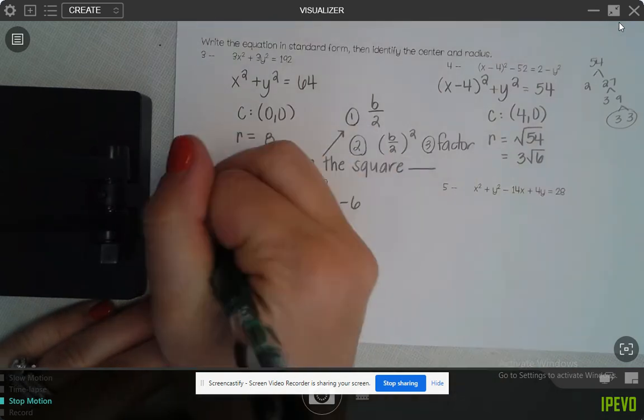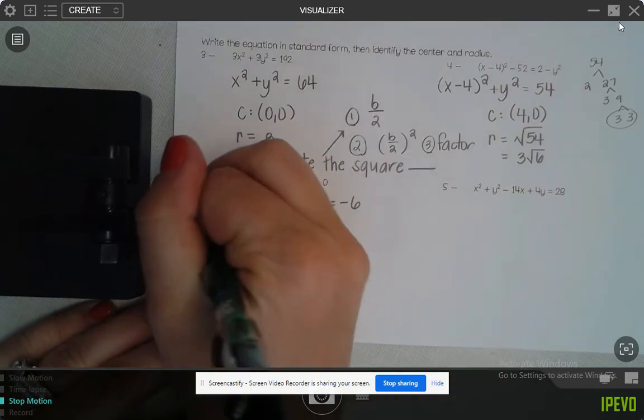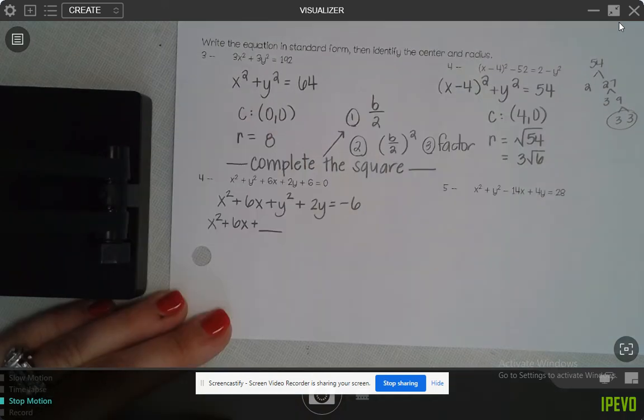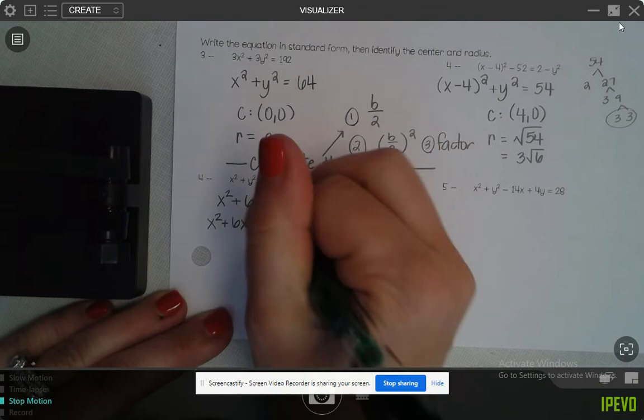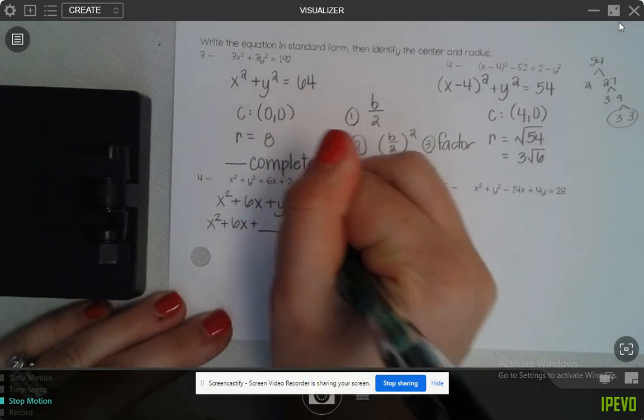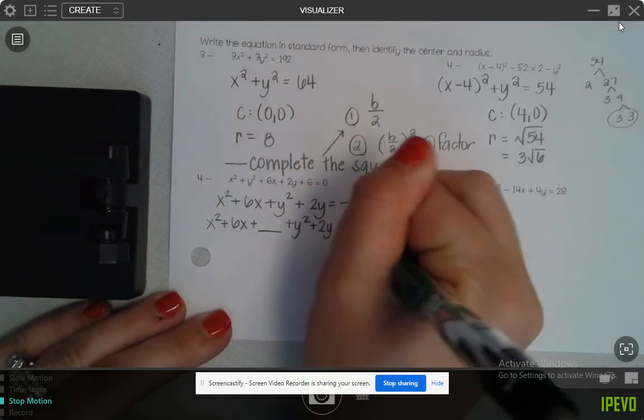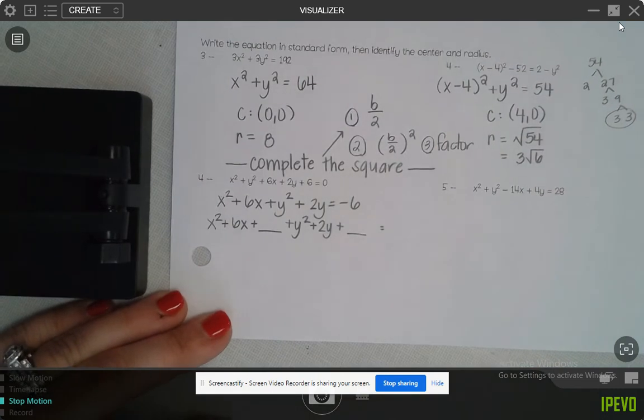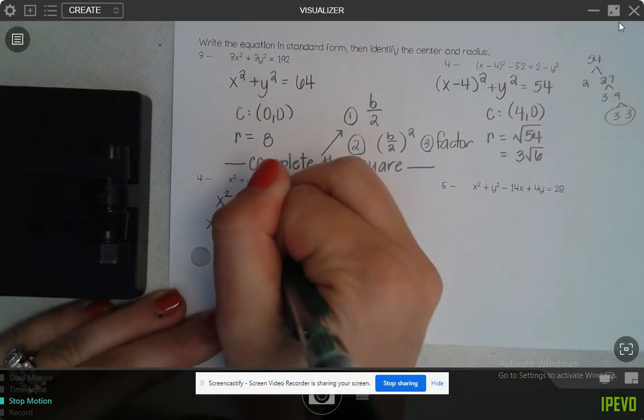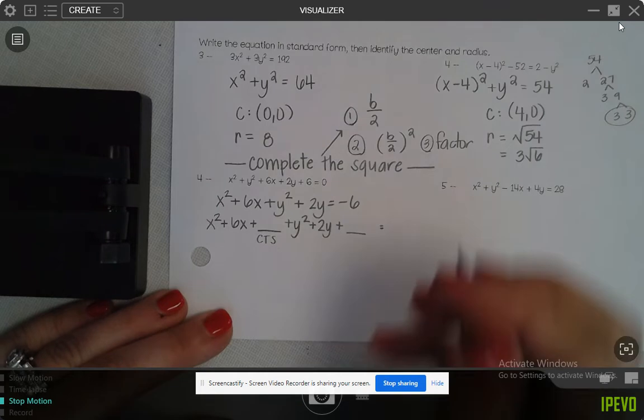What you have to do is you're going to write, but you're going to put a blank space in here. And you're going to write your y values, and you're going to put a blank space in there. This is what you call the completing the square term. You're going to have 2 of them.